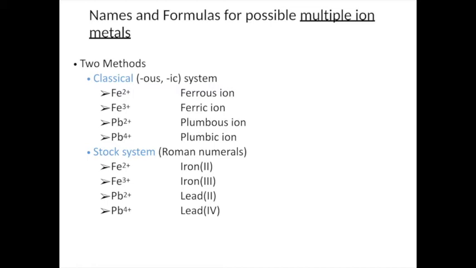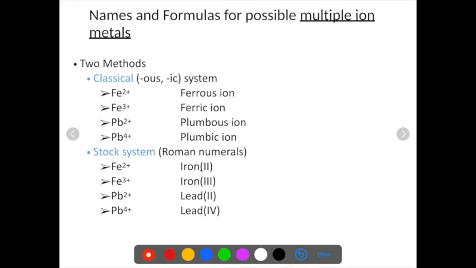We're just going to cover the stock system, and it uses Roman numerals to indicate which ion is being used in the name. For example, if I have iron 2 plus, then in the name I'm going to put 2 in Roman numerals in parentheses, so I know that's the ion that was used.